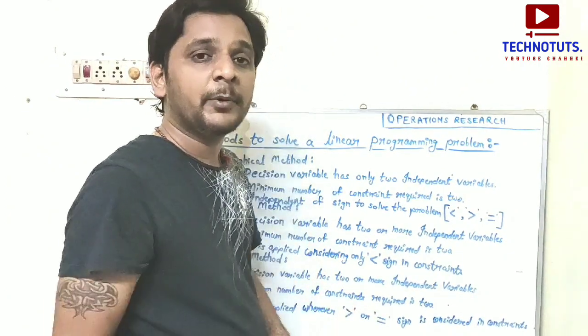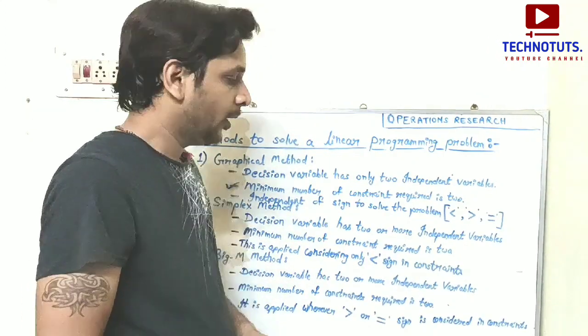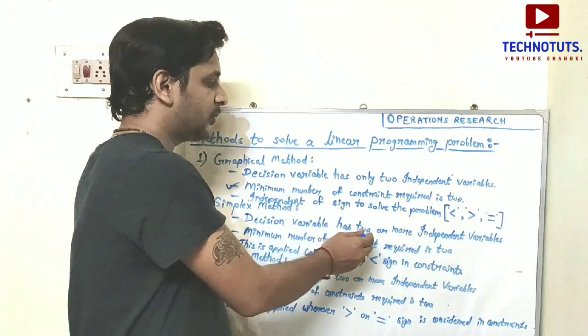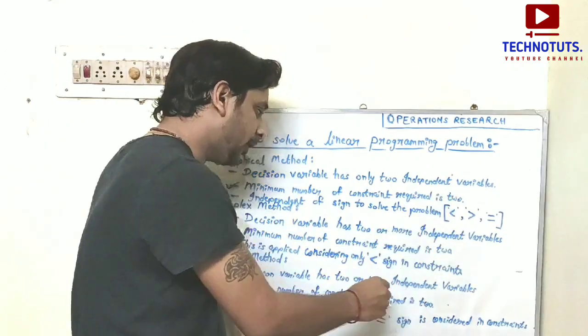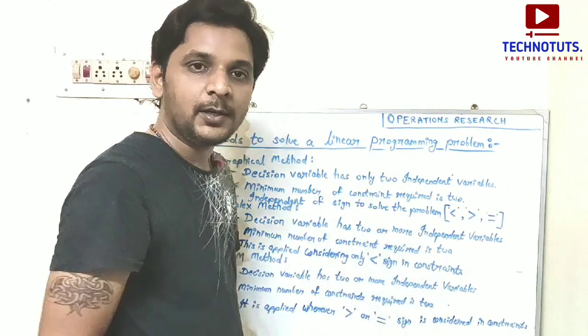But what is the difference between when you apply the simplex method and when you apply the big M method? When the decision variables are two or more and the constraint equations have only the less than sign, you apply the simplex method.